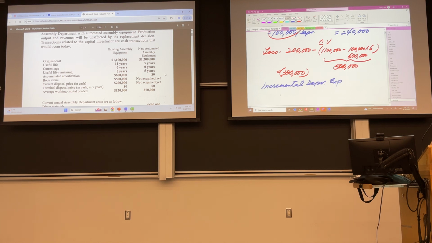So you take the old minus the new. The reason I switched the two is because depreciation is negative. So old is 100,000, new is 240,000. So you're going to spend $140,000, but you don't pay it. In the income statement, you subtract more.